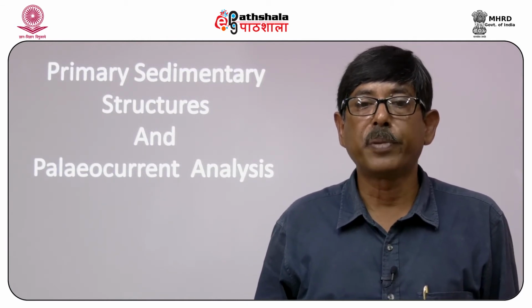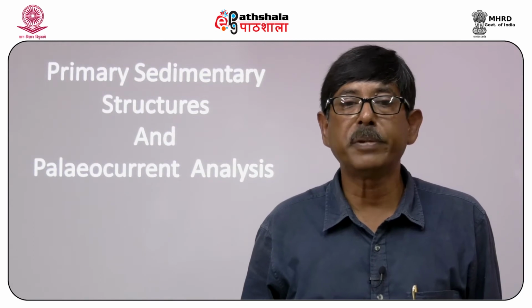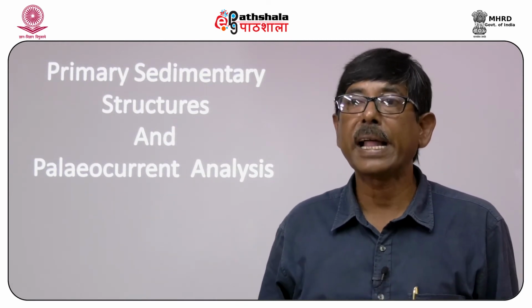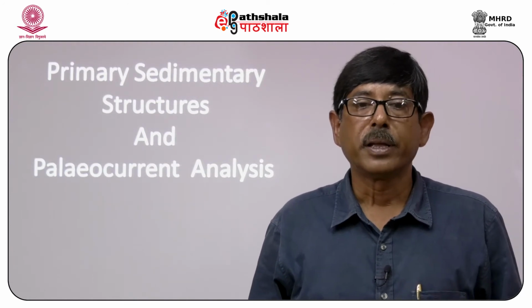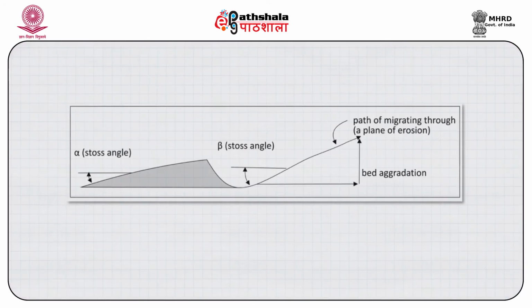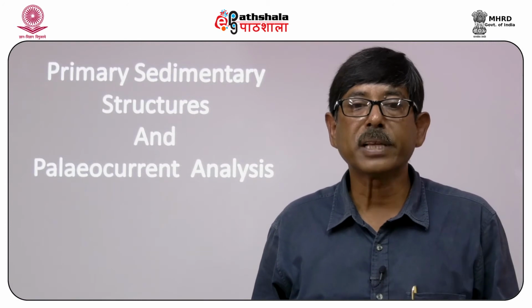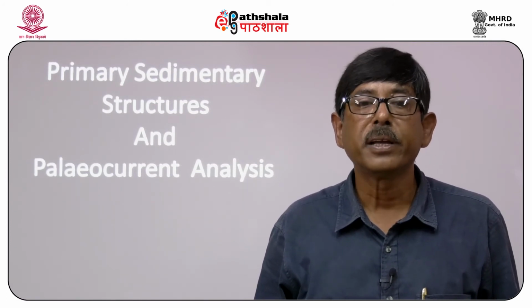Three kinds of ripple cross lamination are observed depending upon the relationship between stoss angle and angle of climb. If the climb is subcritical, then the angle of climb will be less than the stoss angle. If the angle of climb is equal to the stoss angle, then it will be critical climb.